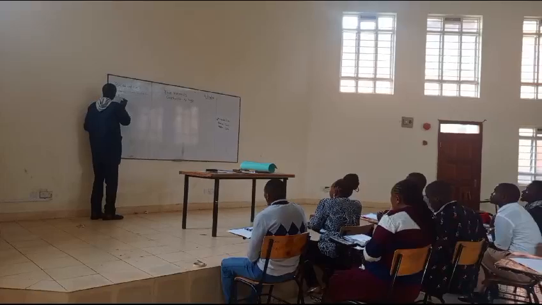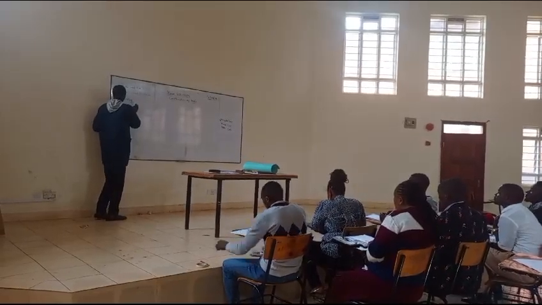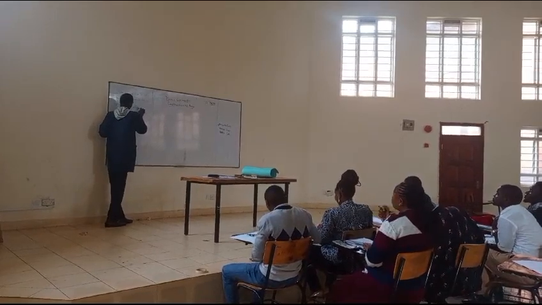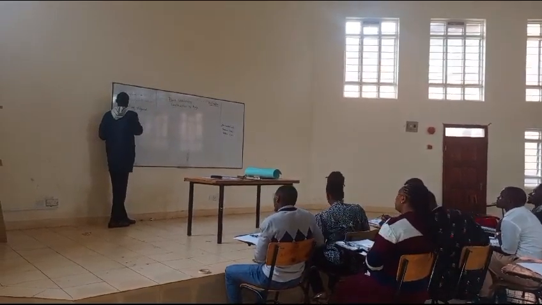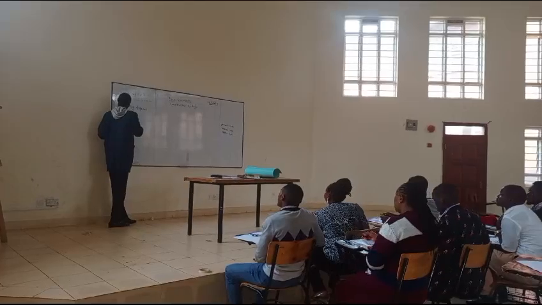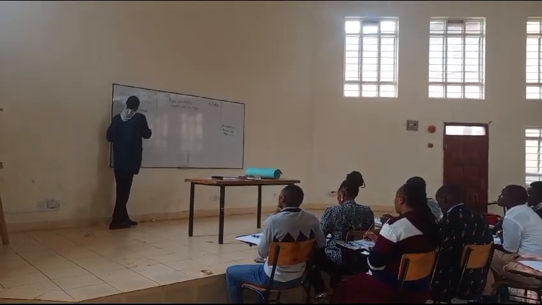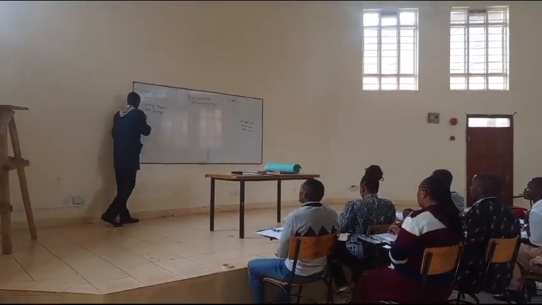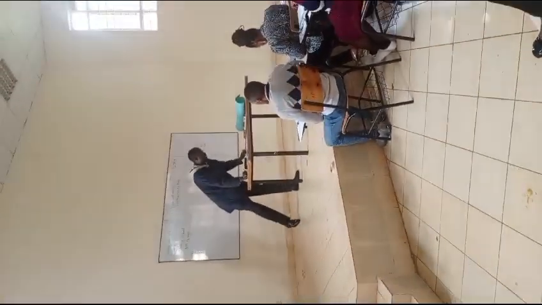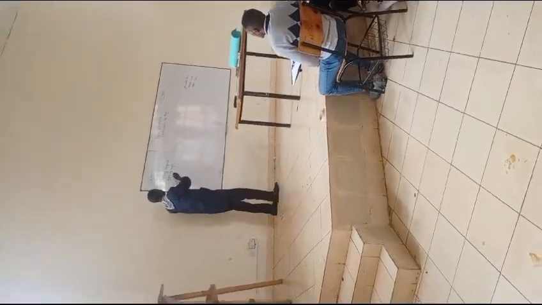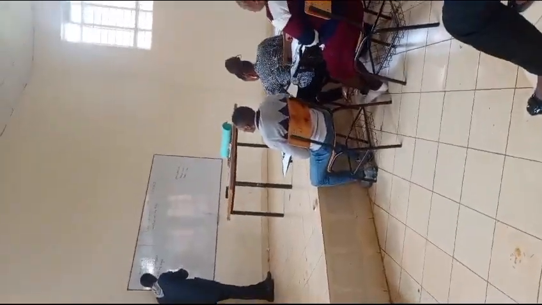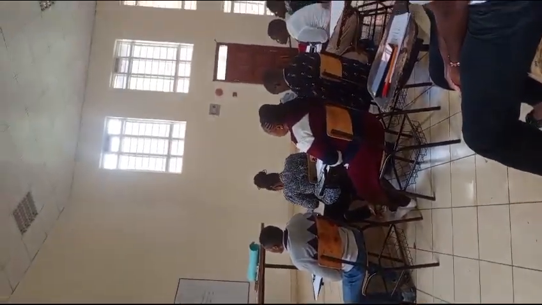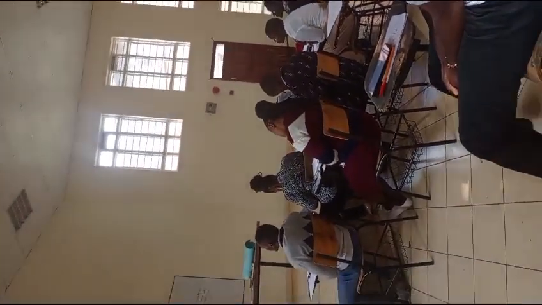Now, at the end of this session, the first outcome is that you, as a learner, are able to identify different types of angles that you can construct. Then the second outcome is that you be able to know how to bisect different angles.